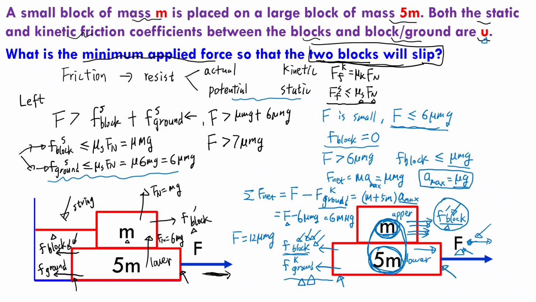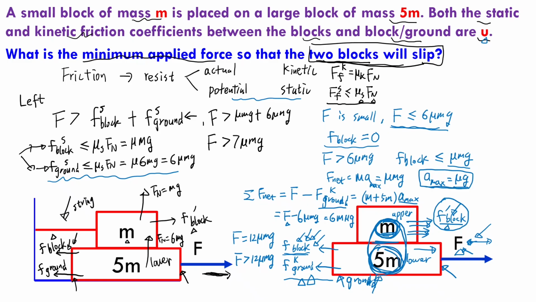That means for the right system to slip between the two blocks, your force needs to be as large as 12 mu mg. And under this situation, the friction force between the ground and the lower block is kinetic, and the friction force between the small m and 5m is static because they don't have relative motion.